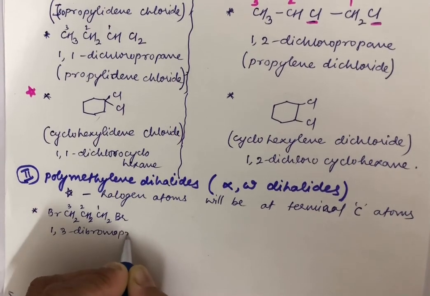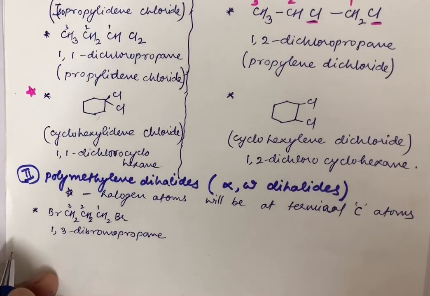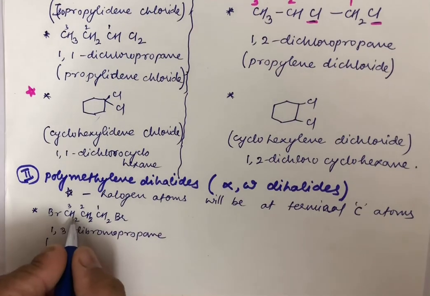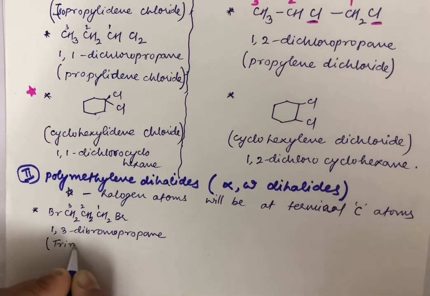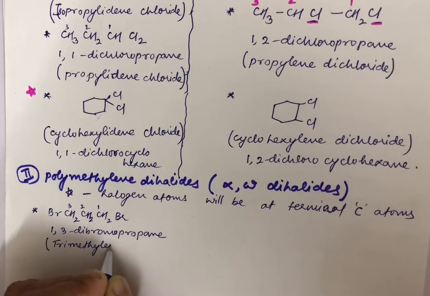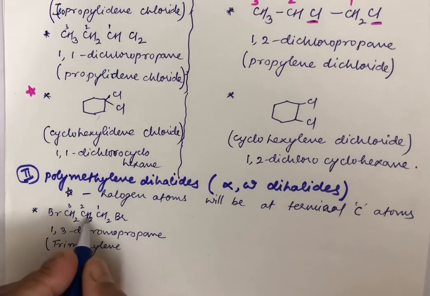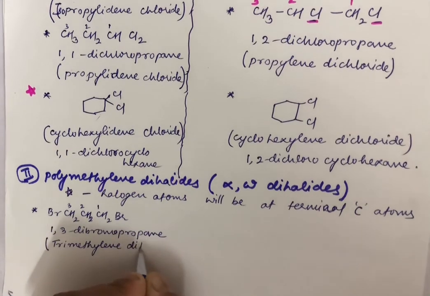But see how they are commonly named. CH2 group is methylene group, so it is referred to as trimethylene. Pay attention students. Here CH2 groups are called methylene. So it is 3 times. So I am writing it as trimethylene dibromide.